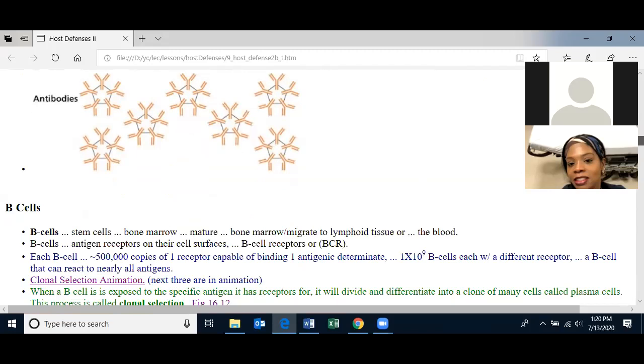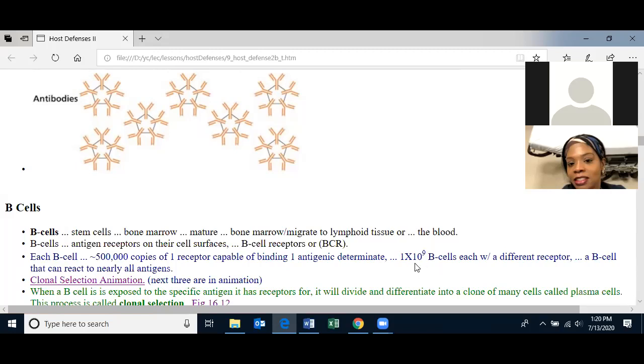The reason why your immune system can respond to all these different things that it's challenged with is because you have 1 times 10 to the 9th B cells. That is, let me think, is that a billion B cells? Yeah, it's a billion B cells.